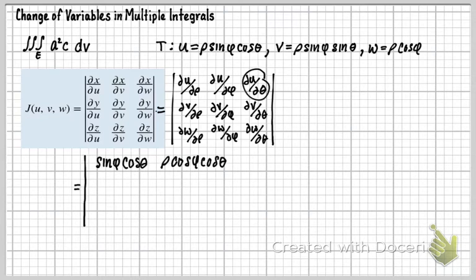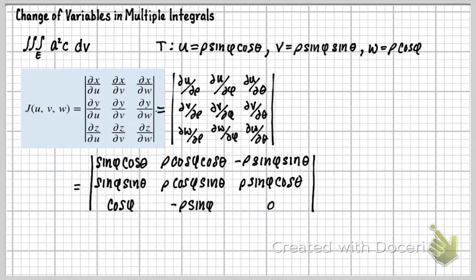And then for partial u partial theta, that's going to be negative rho sine phi sine theta. So that's the first row. I'm just going to run through the rest of these so you don't have to waste a lot of time on a video to see those. You can check them or pause the video if you'd like. So there they are. The last one, just so you know, is partial w partial theta. And if you can look here, there's no theta, so it'd be 0.